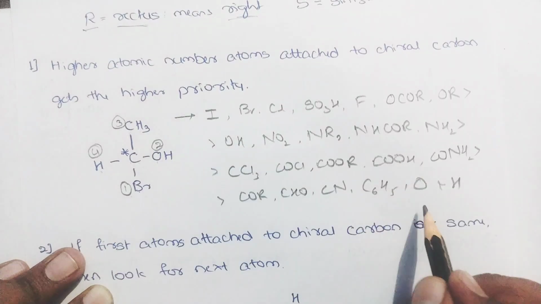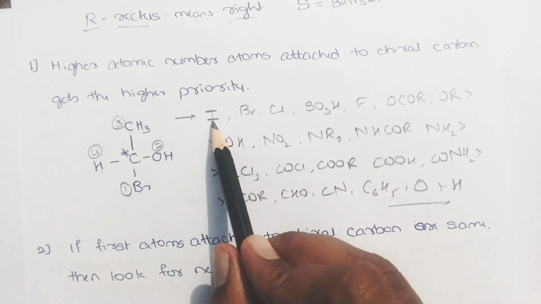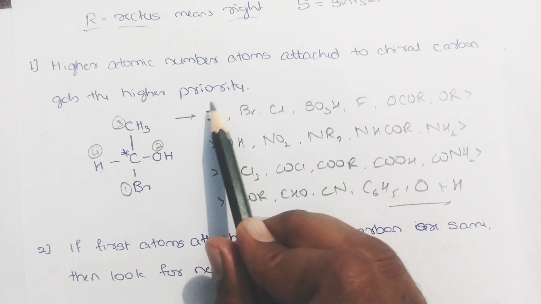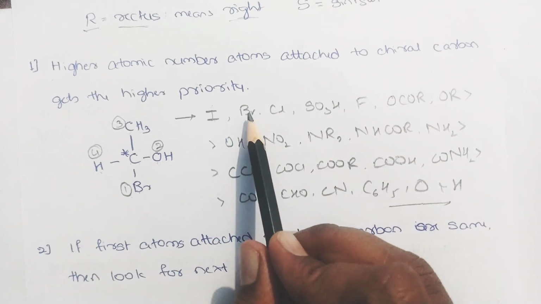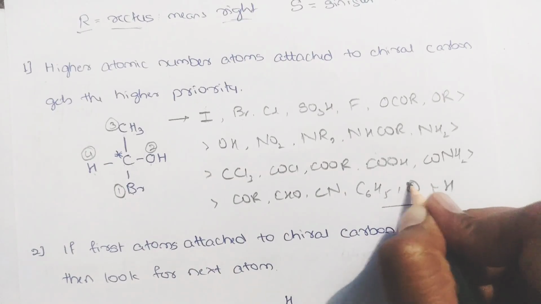This is the priority order of the groups attached to the chiral carbon. If you have I and Br, you give number one to iodine, then Br. Sorry, this is not oxygen, this is deuterium.